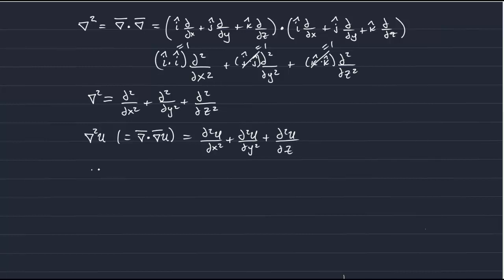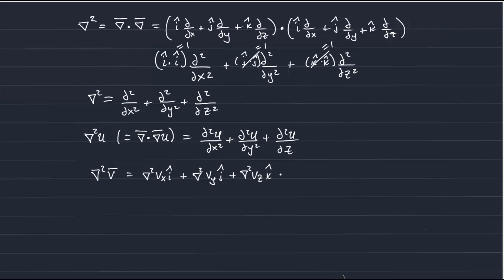The Laplacian of a vector quantity, v, is equal to, we can describe that as the Laplacian on the x component of v times i hat plus the Laplacian on the y component in the j hat direction plus the Laplacian on the z component in the k hat direction.